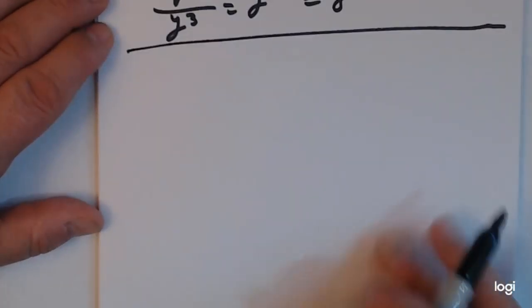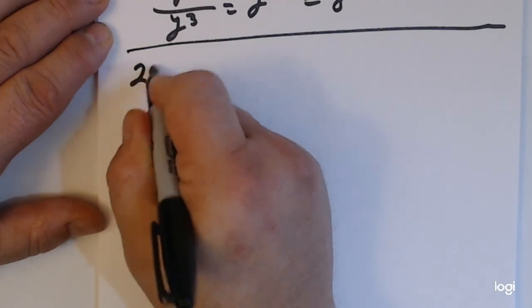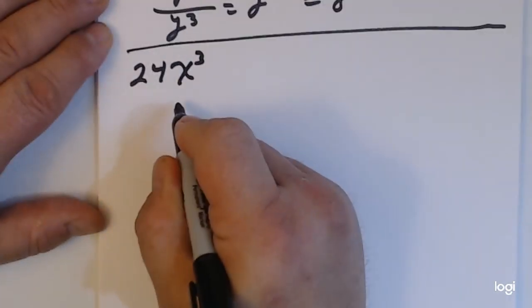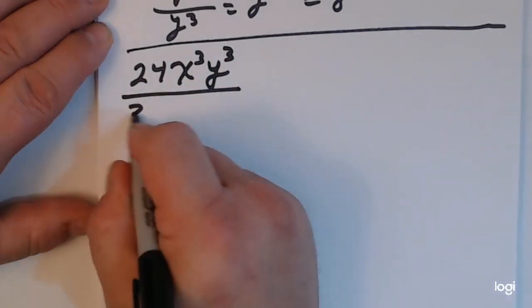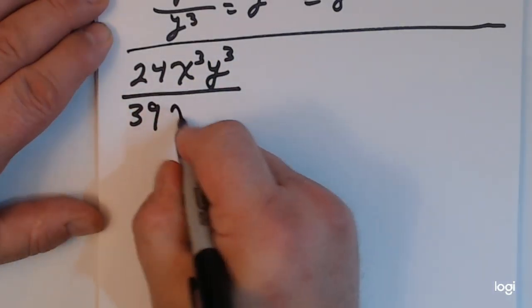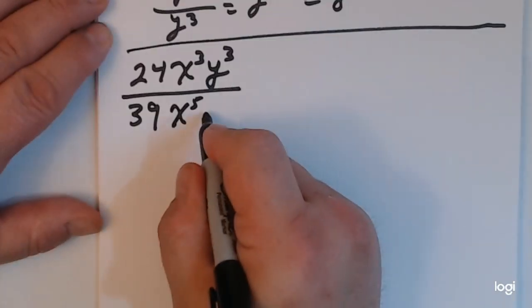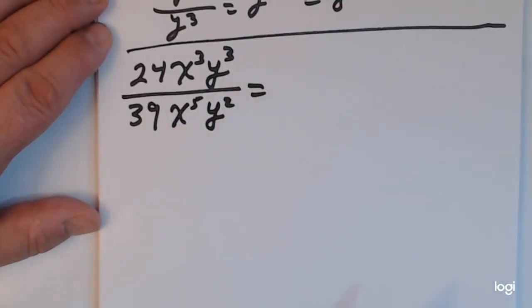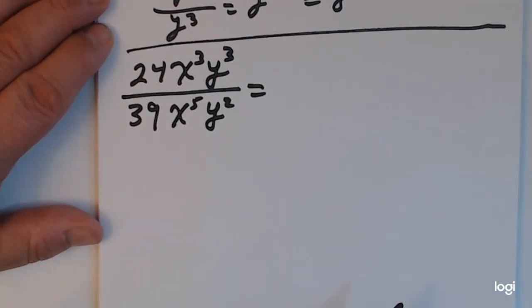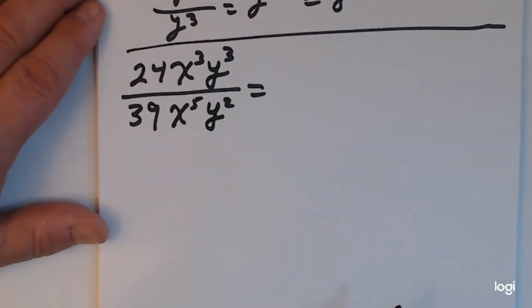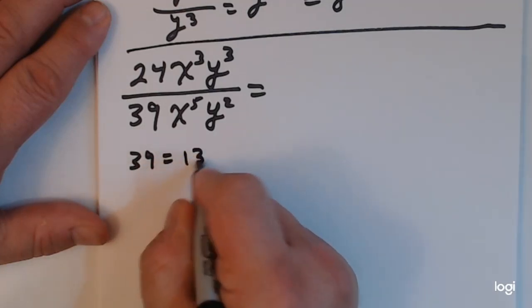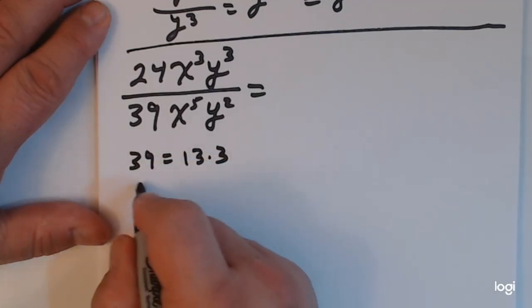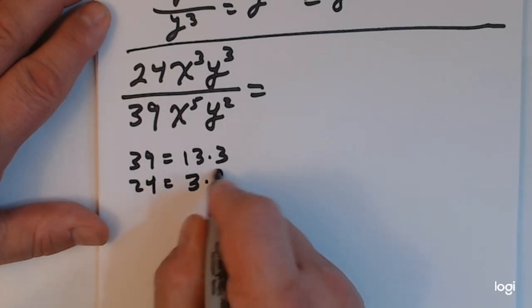Next up on our hit parade: 24x cubed y cubed over 39x to the 5th y squared. Well, 39 is 13 times 3, and 24 is 3 times 8.